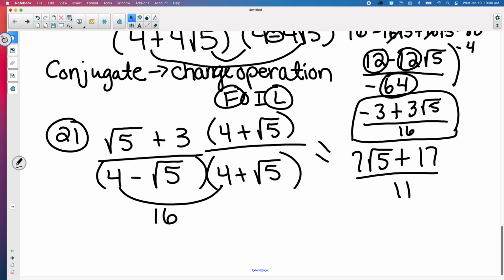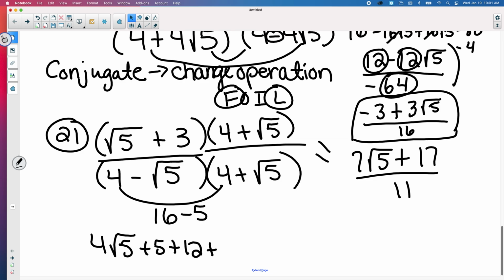So on bottom, it should have been 16 minus 5, which is how you got the 11. Then on top, when you FOILed those together, you would have had 4 radical 5 plus 5 plus 12 plus 3 radical 5. So that's where you get the 7 radical 5 and the 17. Alright, good.